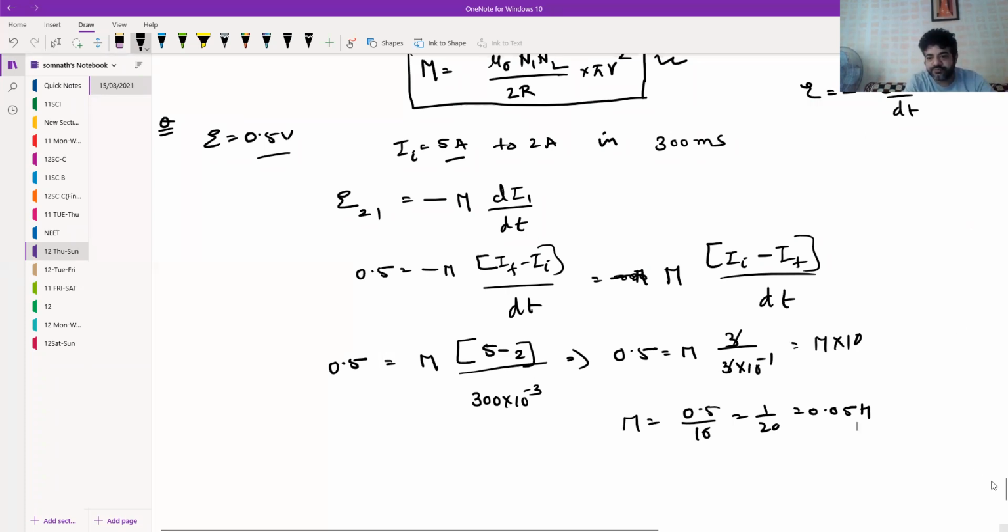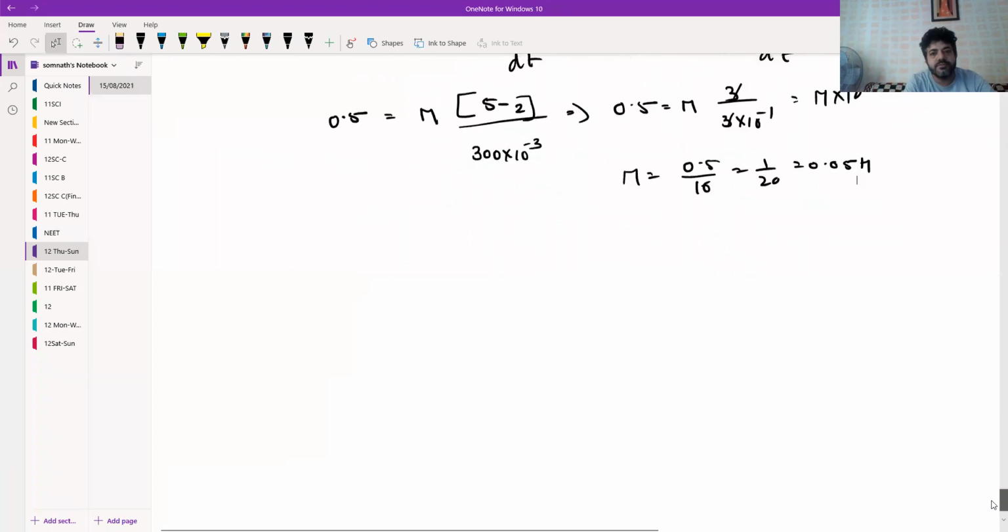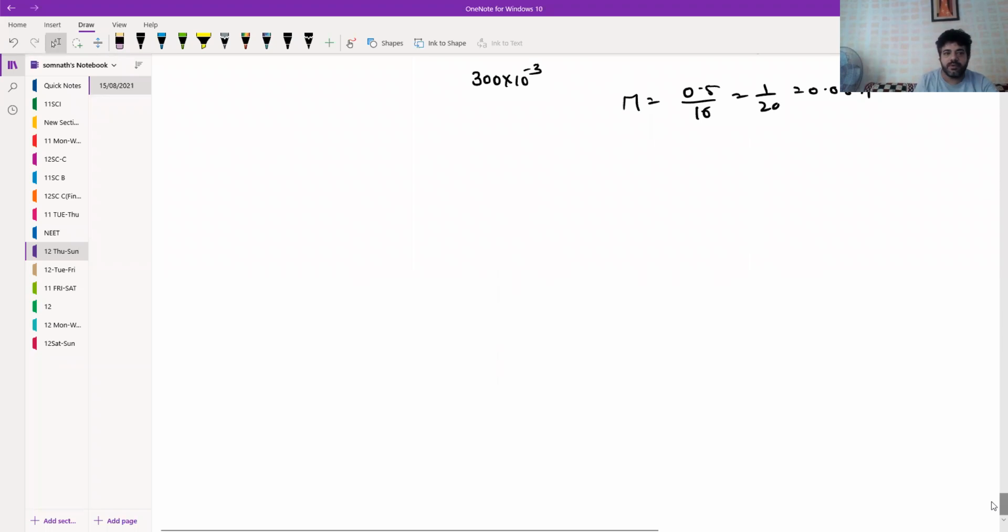Next, question number. A solenoid coil has 50 turns per centimeter. Look, it's a very nice question.